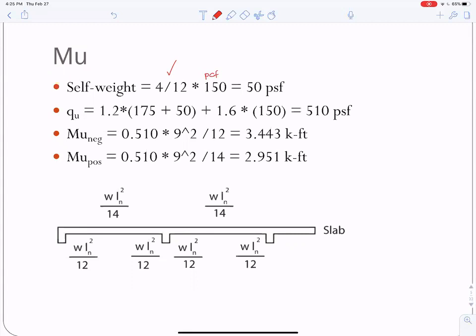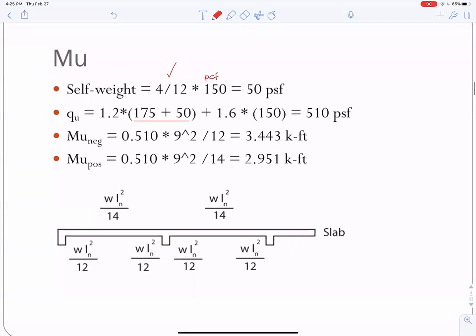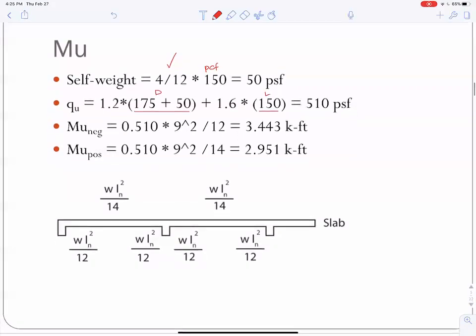Thus, the total dead load was the applied 175 plus an extra 50 due to the self-weight, and the live load was 150. You factor it, 1.2 and 1.6, and you get this 510 PSF right there. For the negative moment, here are the ACI moments.